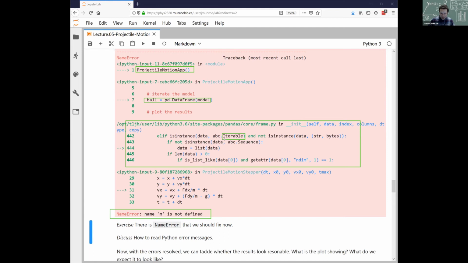Every time it steps through it, it calls motion projectile stepper. And on line 31 of that program, there's the actual mistake. So this is called a trace or a stack trace. It tells you how I got to that line to have the mistake. And it's saying on that line at the very end, the mistake is I, Python, do not know what the letter M is. So we go back to projectile motion stepper.